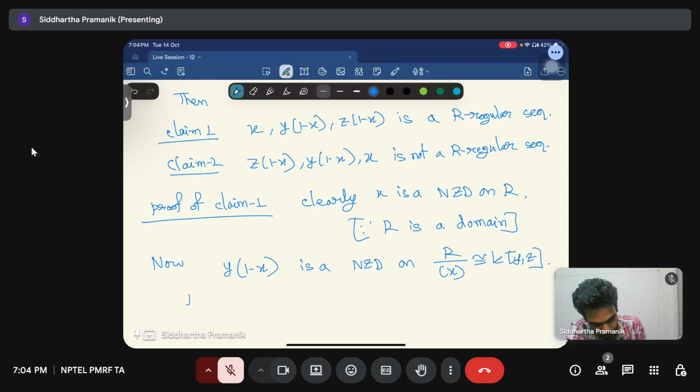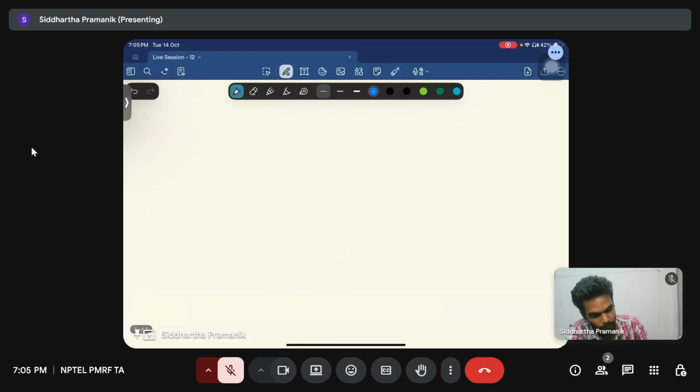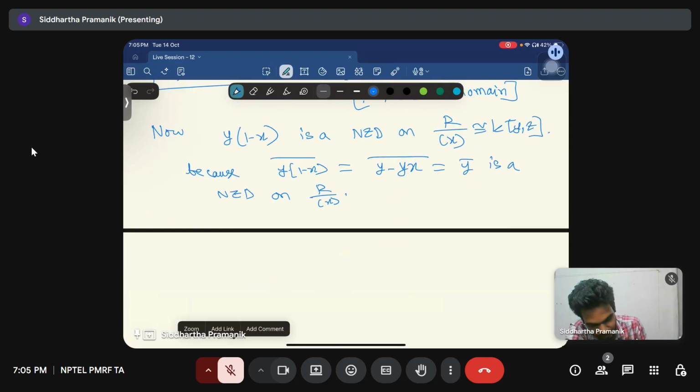Because y times 1 minus x bar is the same as y minus yx bar, but x is in there, so this will be the same as y bar. So y bar is a non-zero divisor on R mod x. Similarly, the second element is also a non-zero divisor. Now the third element.